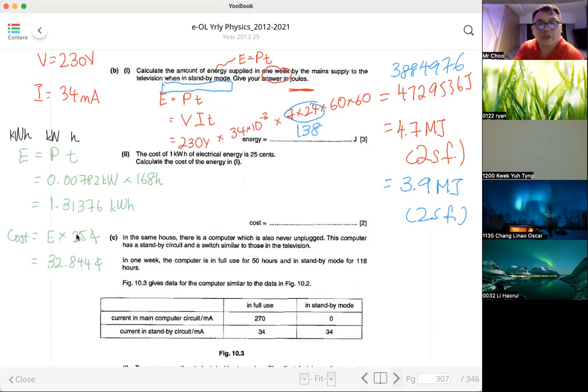But because you are multiplying everything here, the smallest significant figure is this, 34. So you need to convert this to 33 cents, to two significant figures. Is that clear? This is based on the right answer where you use 168 hours instead of 138. If we use 138, this amount will be lesser. Clear so far?